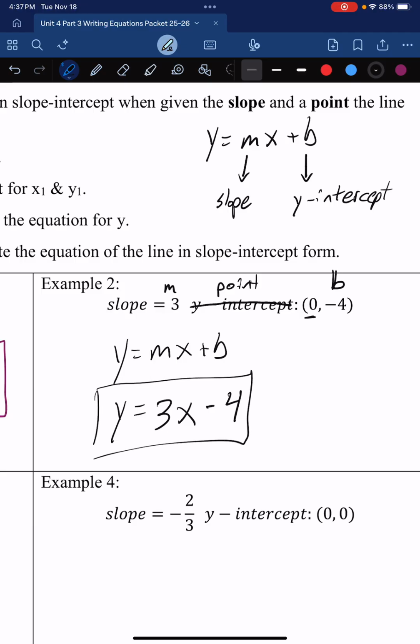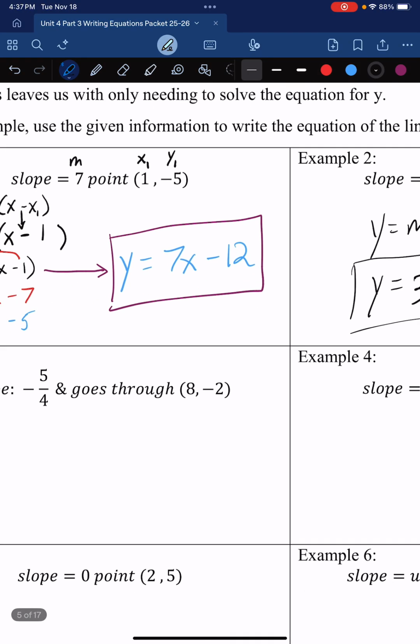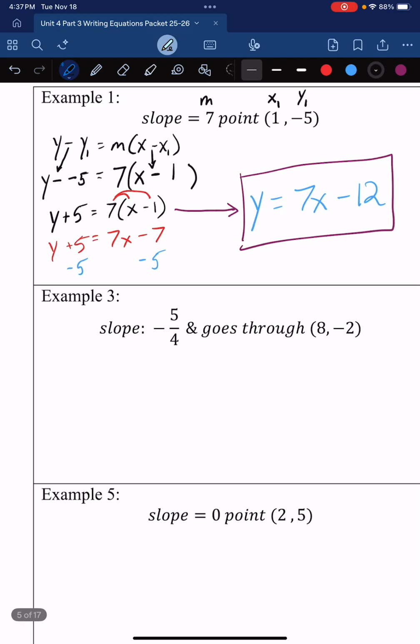So when we have the y-intercept, it's a lot faster of a problem just because we don't have to plug in and then also have to rearrange. Okay. Let's look at one that has a fraction for a slope, right? My slope is also negative, right?